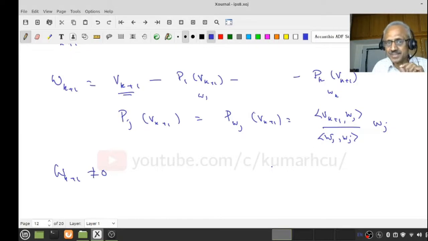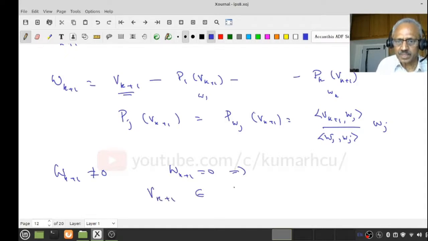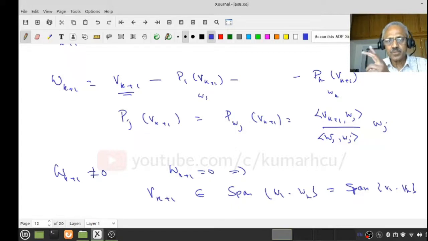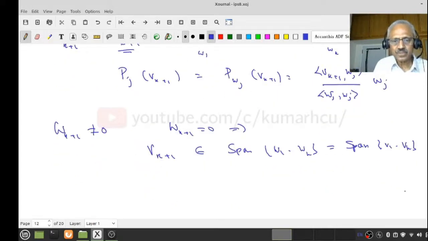If wk plus 1 is 0, that implies vk plus 1 lies in the span of w1 to wk. But by the induction hypothesis, this is the span of v1 to vk. That means vk plus 1 is a linear combination of v1 to vk. This is a contradiction.